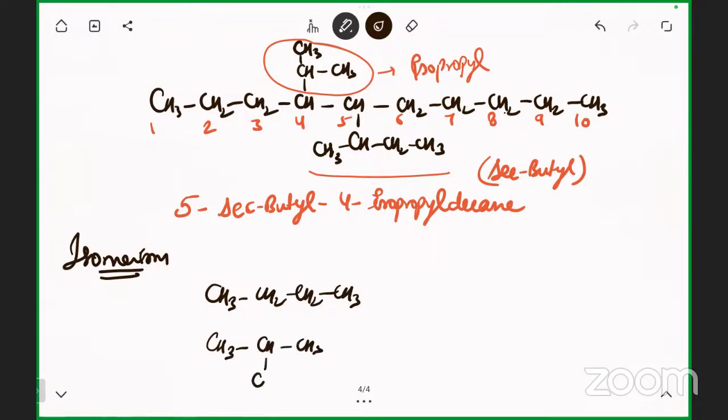You have to tell me which type of isomerism this is. Yes, position isomerism.